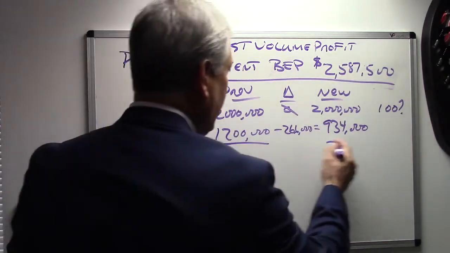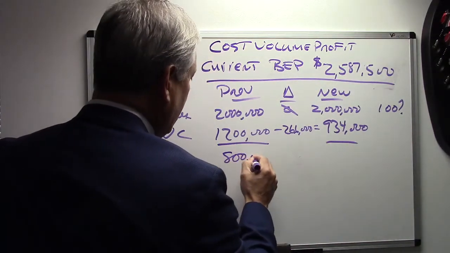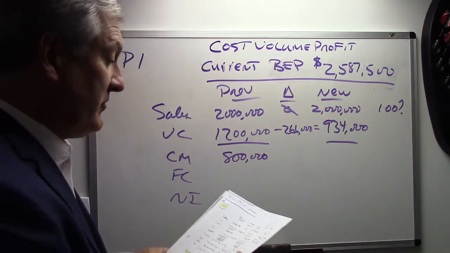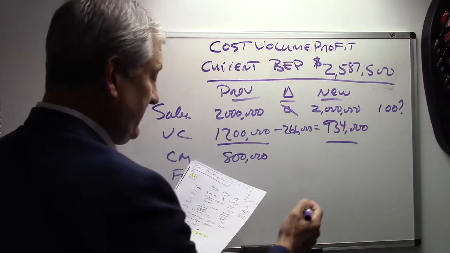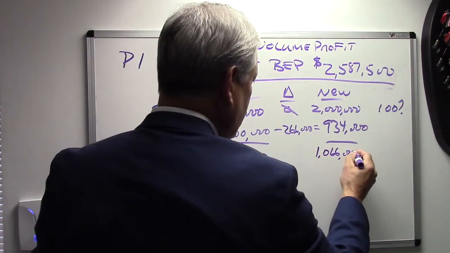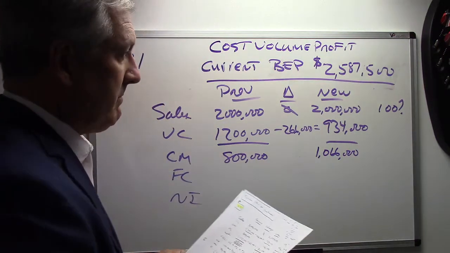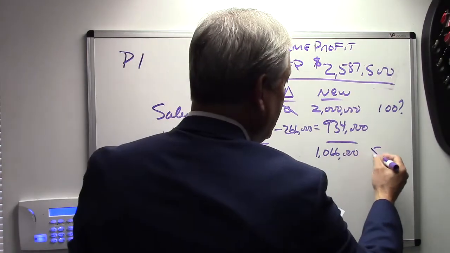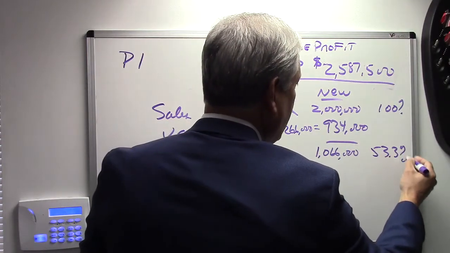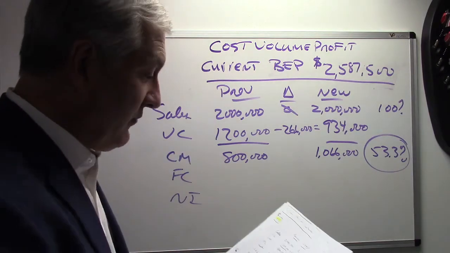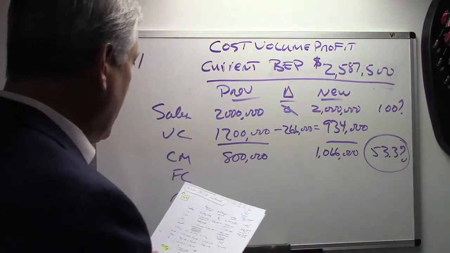So we had $800,000 in contribution margin. 2 million minus 934. Contribution margin is now $1,066,000. And we can look at our percentages, right? My new contribution margin is 53.3%.